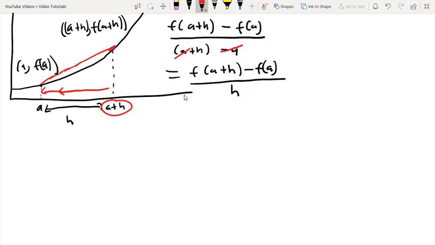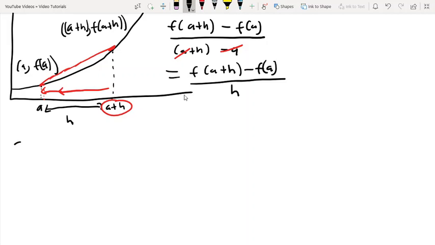We're going to get to a point where the slope of a secant line will be so very close to the actual slope of a tangent at point A that it effectively will be that. And in fact, in the limit, as this h here approaches 0, it will converge exactly to the slope of a tangent at point A. So this is the way that we can find the slope of a tangent at point A, by making h as close to 0 as possible in the limit as h approaches 0.